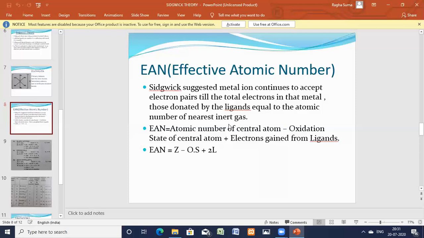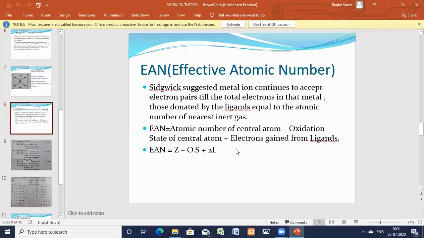It keeps on accepting the electrons, and thereby it gets the stable configuration. It gets the stability after gaining these electrons. So EAN is equal to Z minus OS plus 2L.